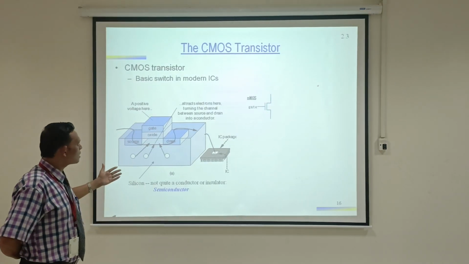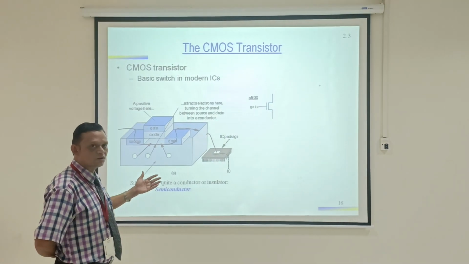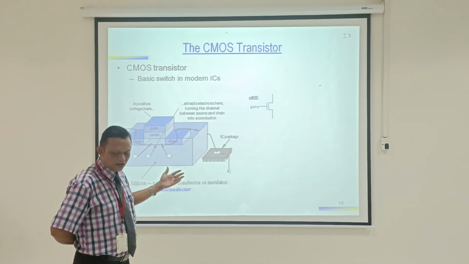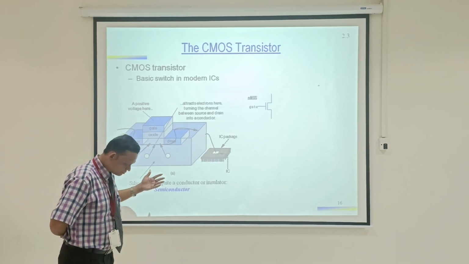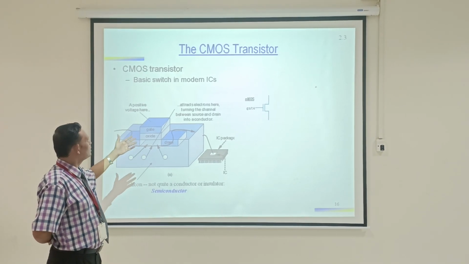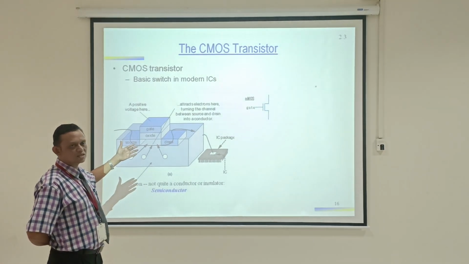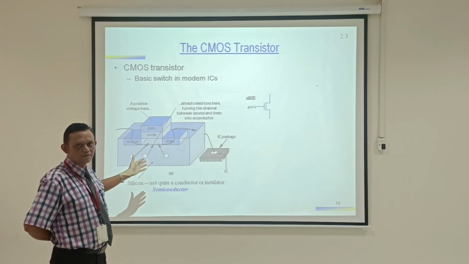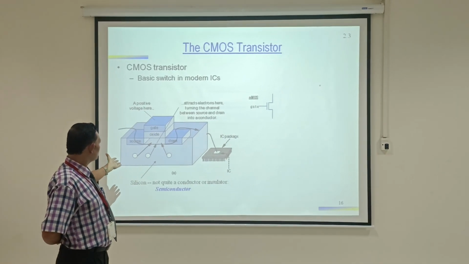Mostly there are two types of transistors available. One is BJT, bipolar junction transistor. Another one is MOS transistors. Here we are using MOS transistors. We won't bother about BJT in the design of digital systems.